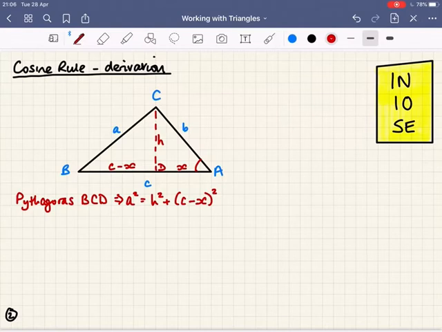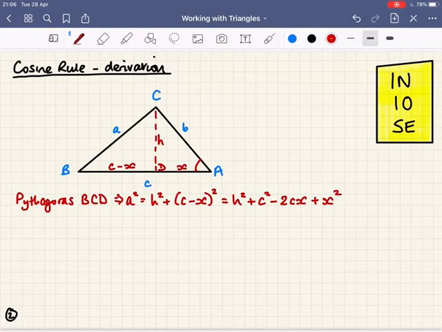And if I expand that out, I get h squared plus c squared minus 2cx plus x squared. That doesn't really mean very much right now, not that helpful.